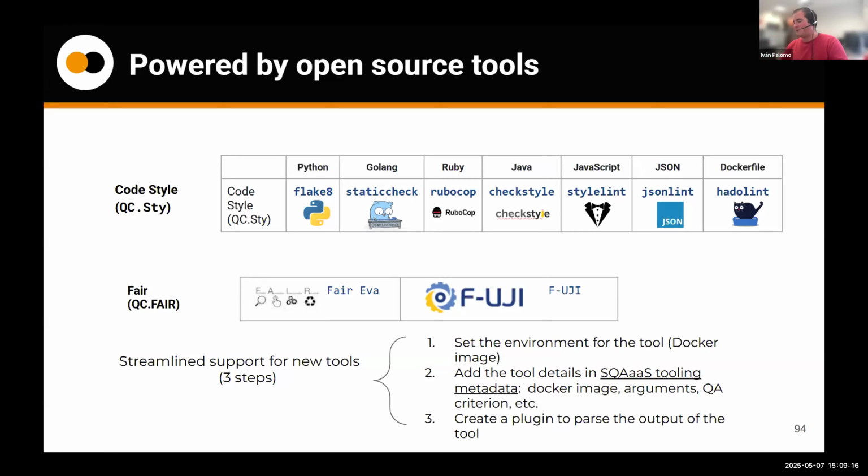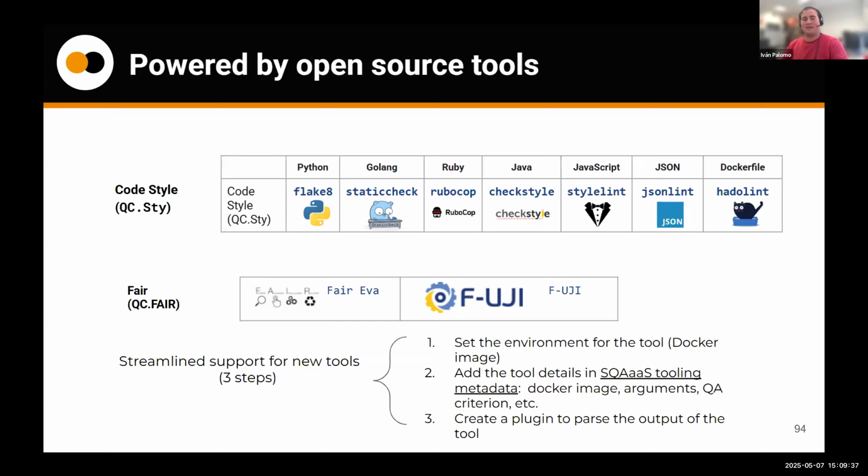But in the case that, for example, your code is not supported, you are not writing in a language that is supported, there is streamlined support for new tools. First of all, you need to set up the environment for the tool, basically find a Docker image that is able to run the software that you're interested in.